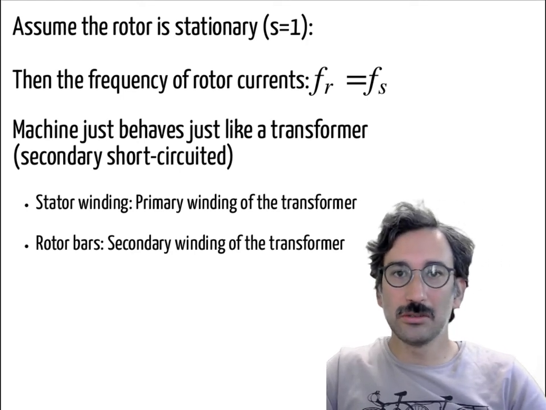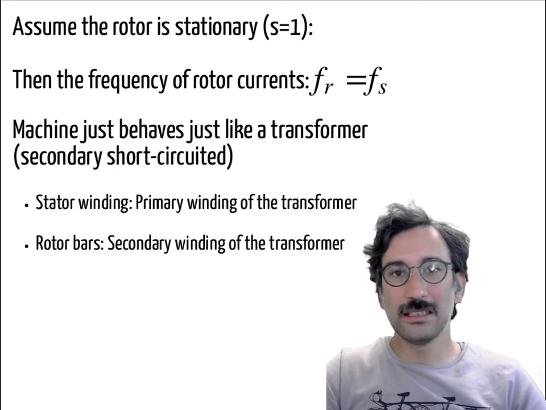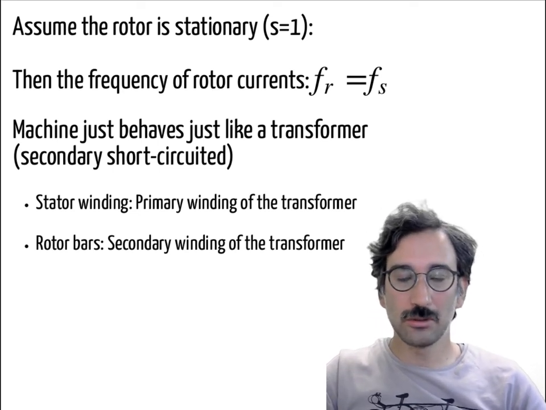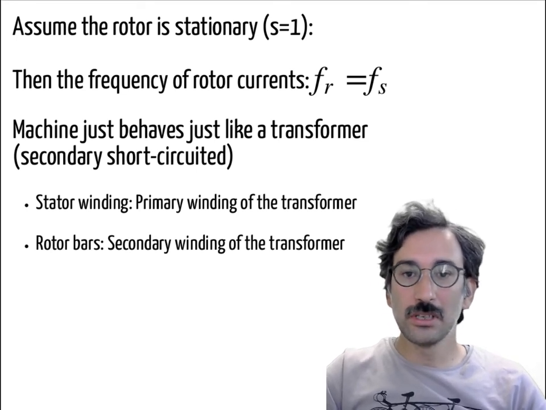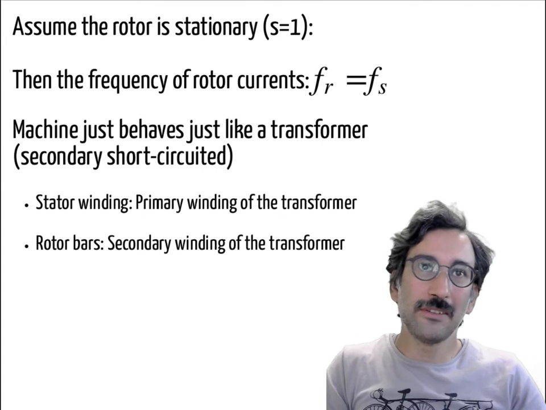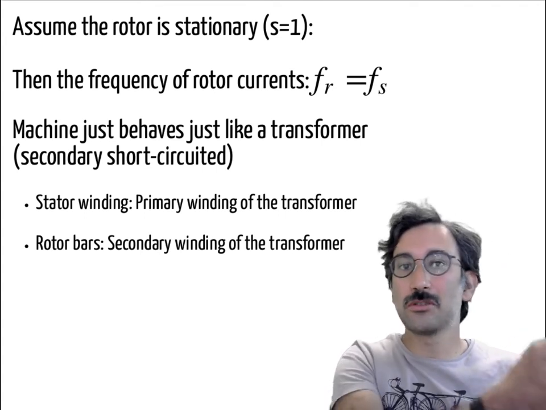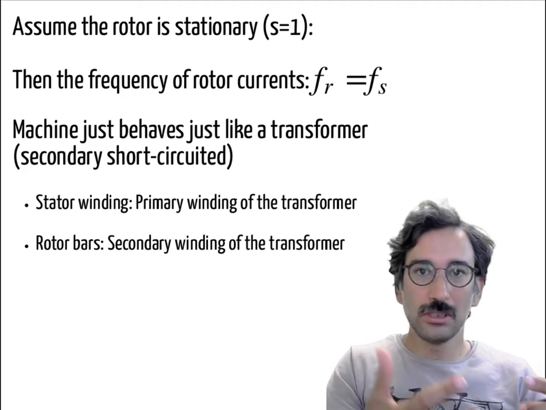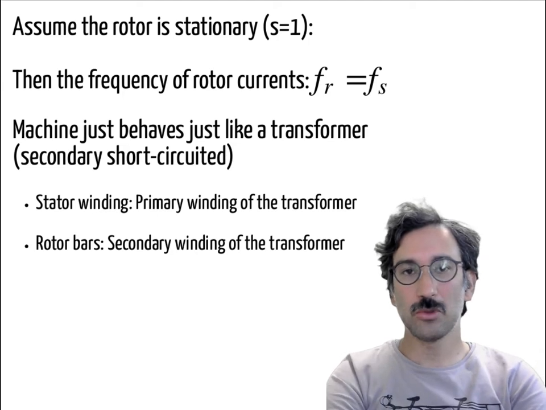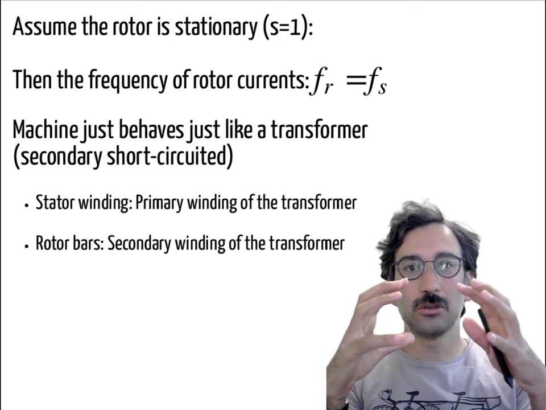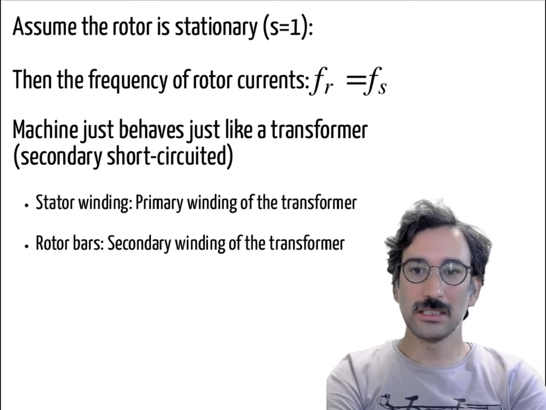At that condition, you apply some AC voltage to the stator windings, and it induces some AC currents in the rotor bars or rotor winding. So it just becomes like a transformer. In a transformer we have terminals to connect an external load, but in a squirrel cage induction motor the rotor windings are short-circuited, so it is like a short-circuited transformer.